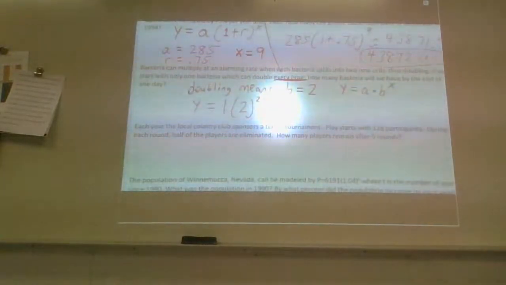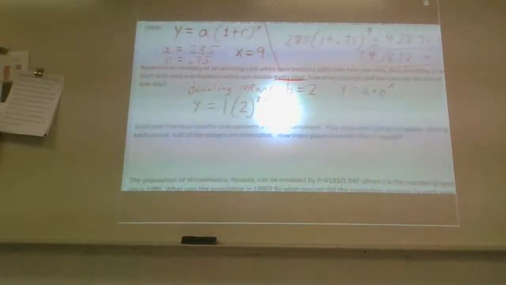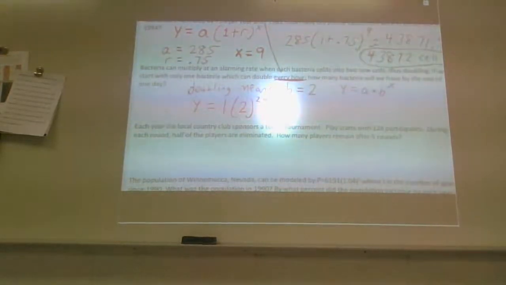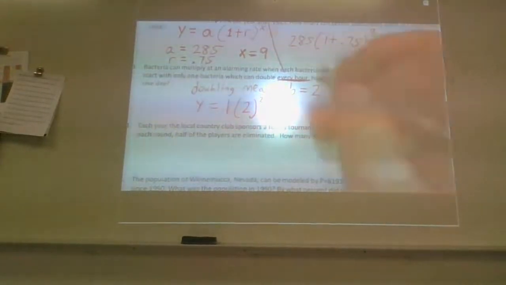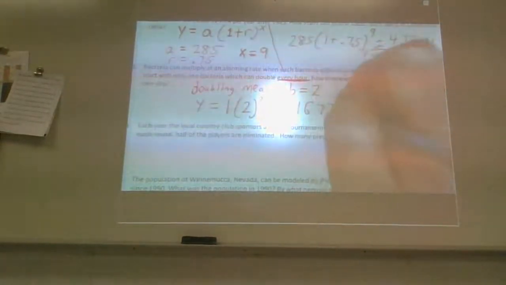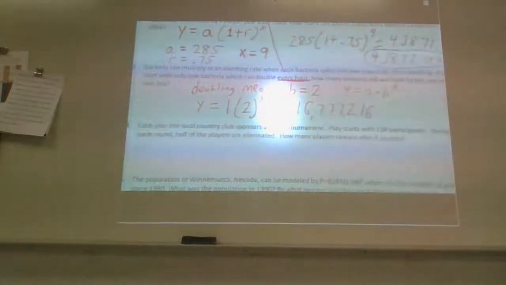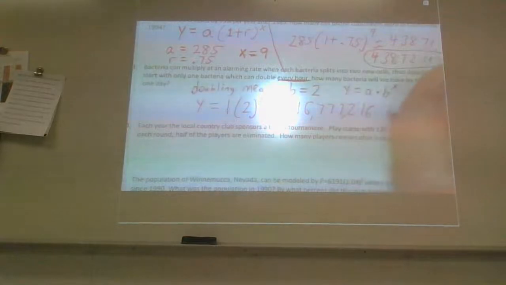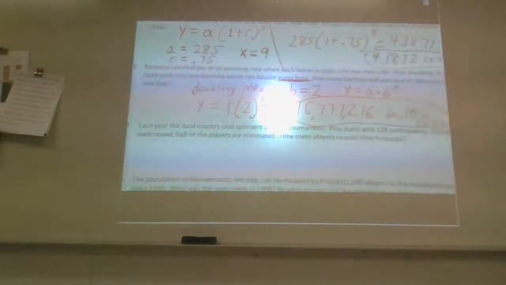That's the trade-off. The rate and the time unit have to be the same time. Ultimately, if you do this calculation, 16,777,216 bacteria cells after 1 day.